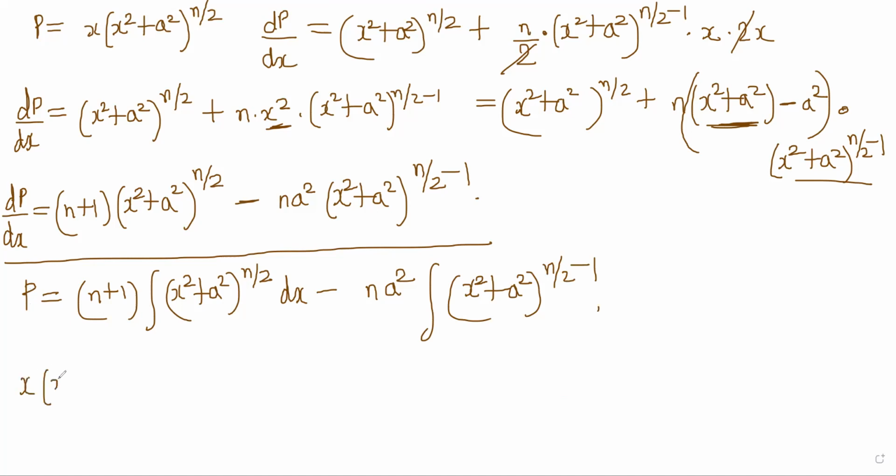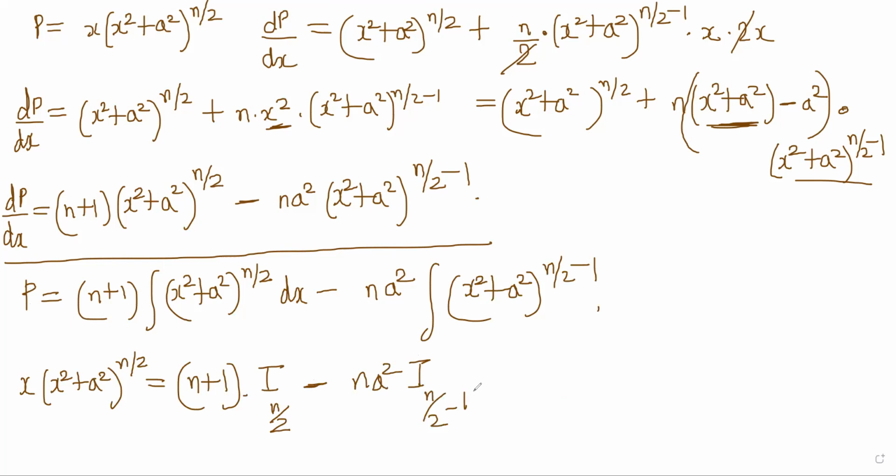P was x into (x² + a²)^(n/2). This is equal to (n + 1) into I initial, which we can call I_{n/2}, minus na² I_{n/2 − 1}, right? So now I get the formula for my integral here, and this integral is evaluated now in terms of this. I will write it on the next page.